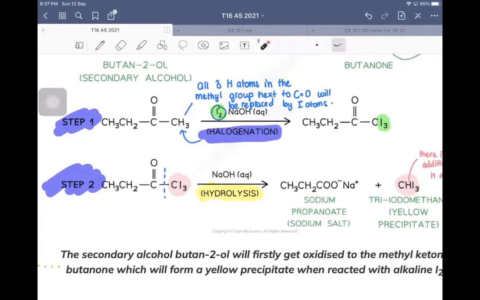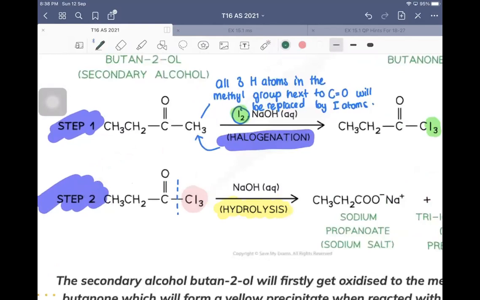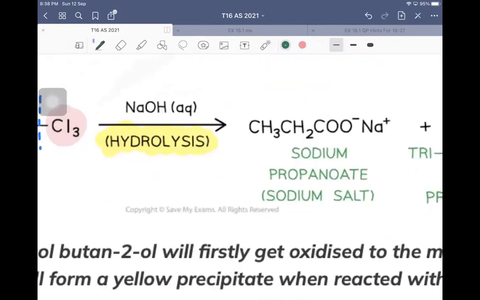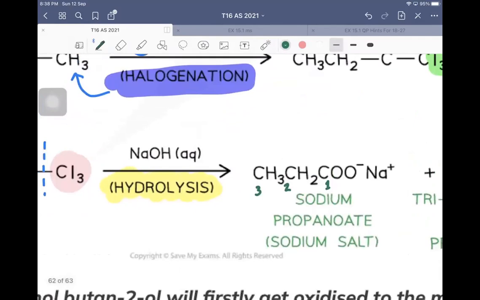You count the number of carbon. Okay, so if I just number my carbon 1, carbon 2, carbon 3, and here you have carbon 1, carbon 2, carbon 3. I would draw the structure for this: CH3, CH2, C double bond O, O minus.